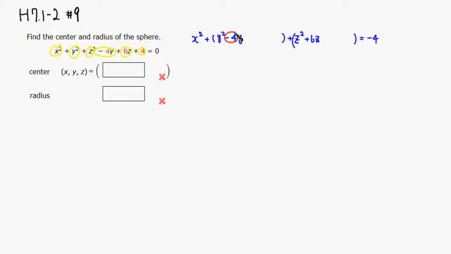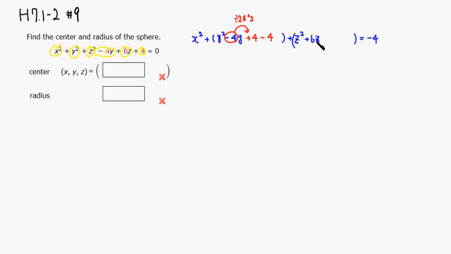The number we need is 1/2 of this number, and then square that. So 1/2 of negative 4 is negative 2. Negative 2 squared is positive 4. So I'm going to add 4 and subtract 4 in here.